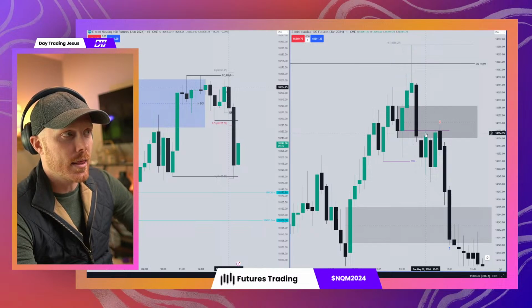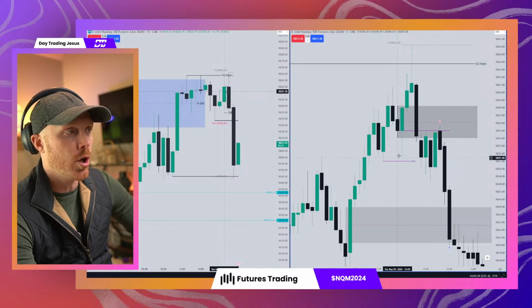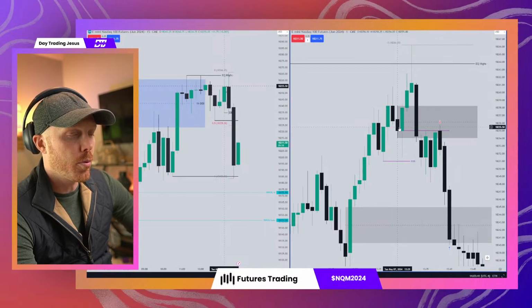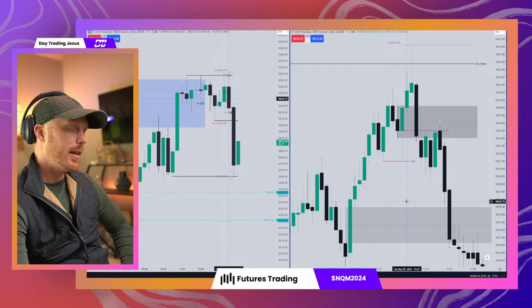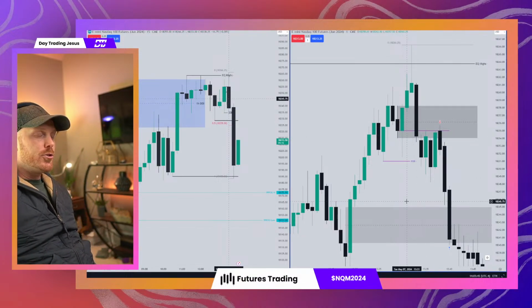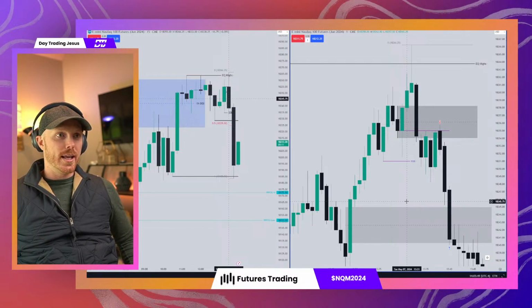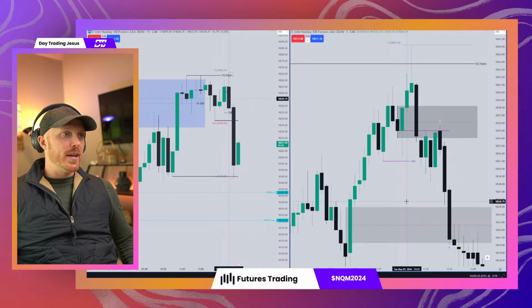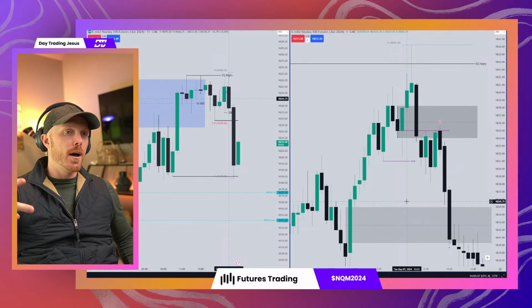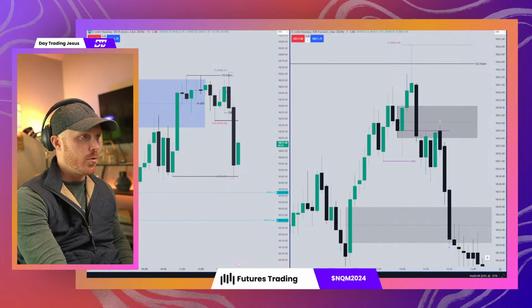Do you think that it just happens to do that and then turns around and goes lower right at what we would call a breaker? No. This is rigged, man. The sooner you're able to identify that and realize that, the better off you're going to be. The better you will be able to read the markets and feel the confidence that price is actually going to move in the other direction.